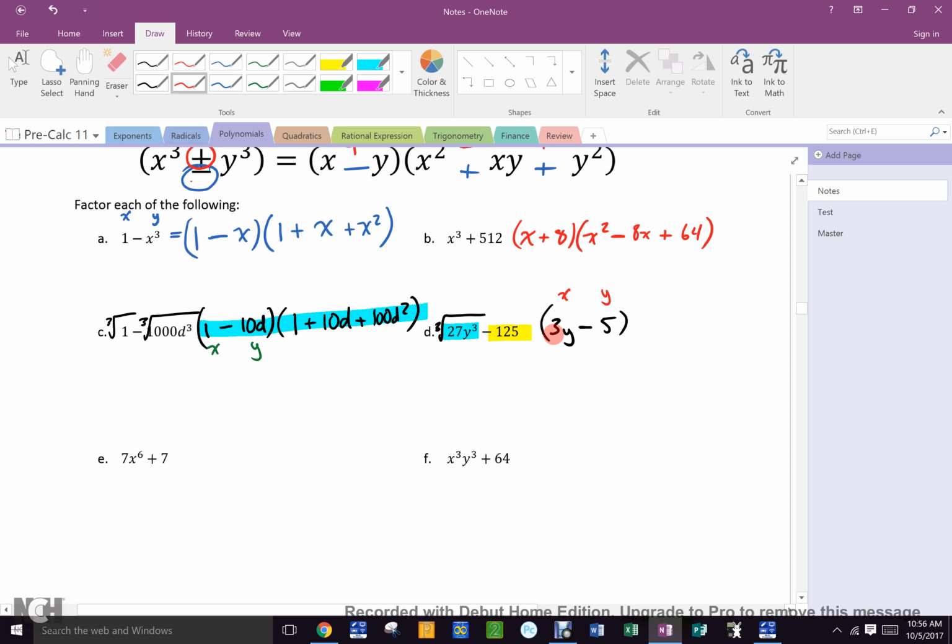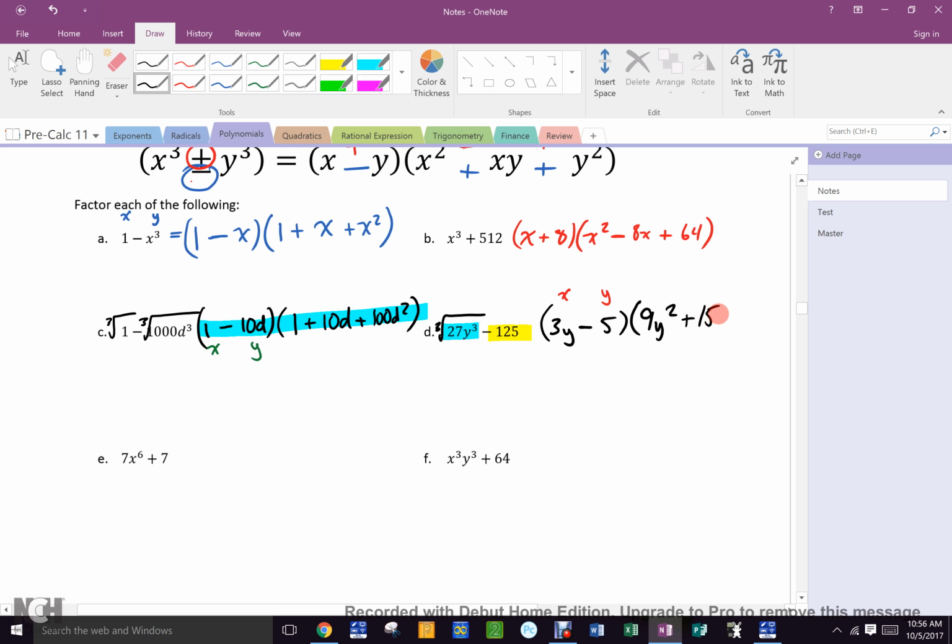Agreed? Okay. So, what is that one squared? He waited patiently. 9Y squared. Since it's minus, it's plus. What's this one?